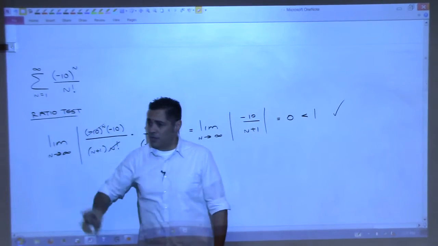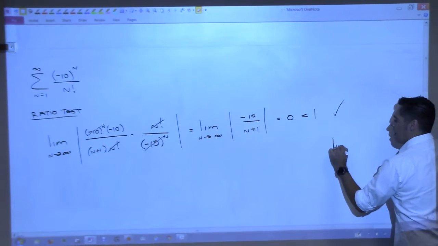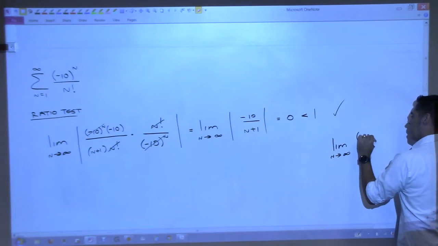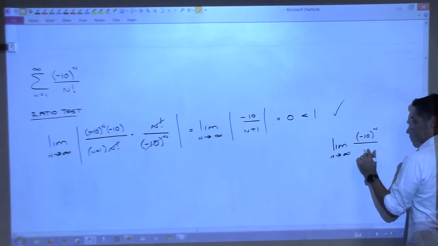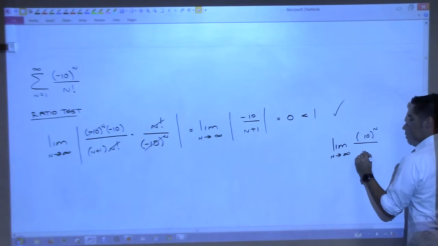This series converges, which means that if I asked you right now what the limit as n went to infinity of negative 10 to the n over n factorial is, well, let's take the negative out.